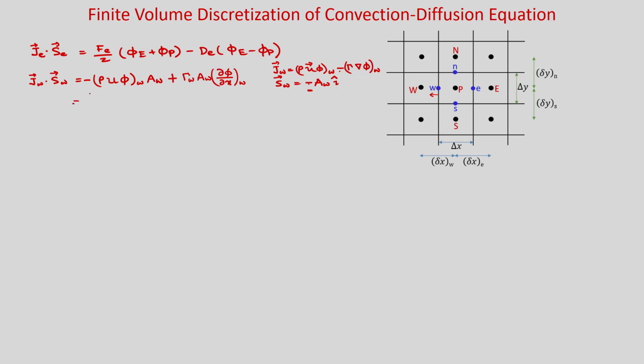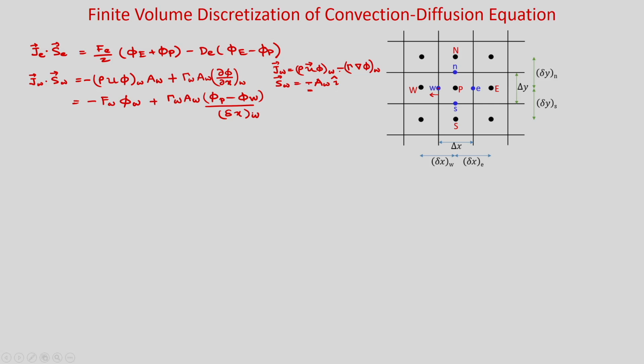Okay. So, now you can write it. So, now you use the convection term minus F_w phi_w, okay, and plus gamma_w A_w. Now, del phi by del x at w will be phi_P minus phi_W divided by delta x_w.